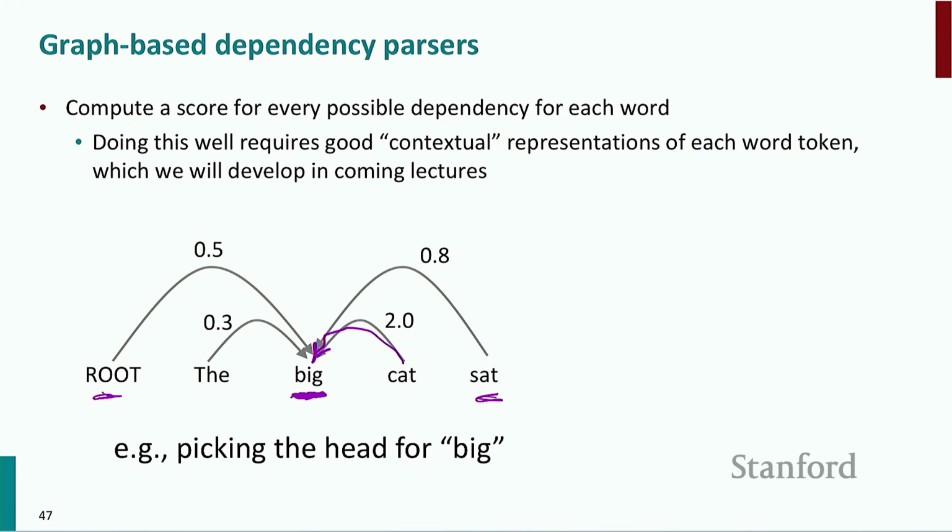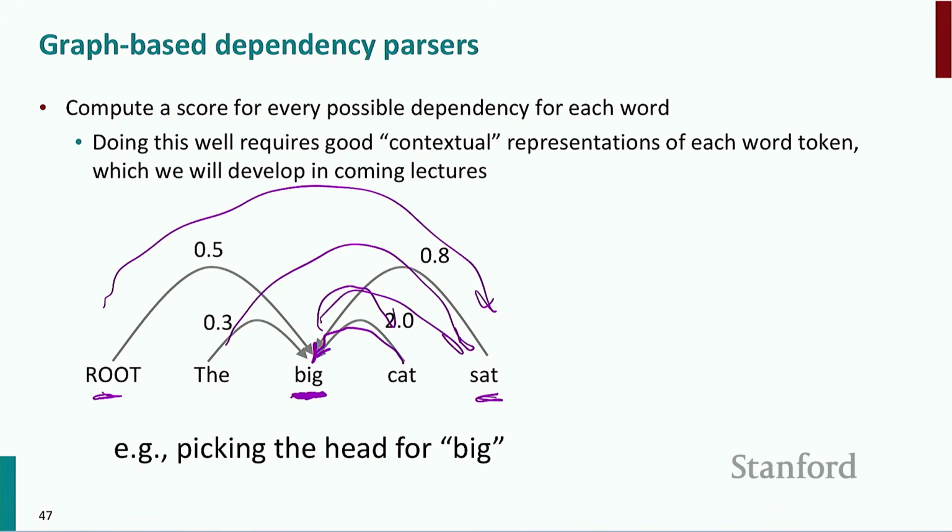And so we could start asking, okay, which of these words is it most likely a dependent of? Big to sat, cat to sat. Sorry, that's unreadable now. But hopefully we decide that sat, most likely as the verb, is a dependent of root. So we're scoring the n² possible dependencies of the sentence, and each one is given a score.